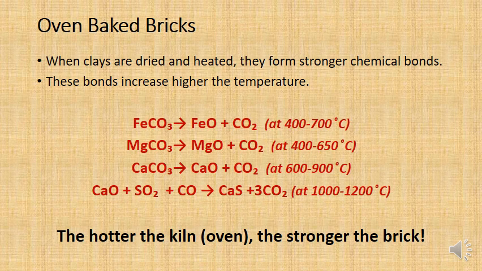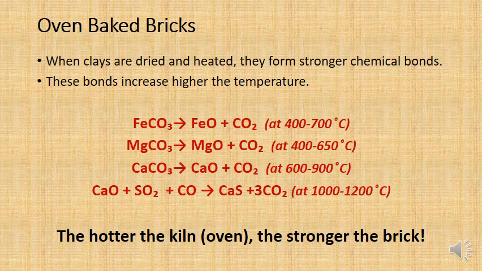So at around 400 to 700 degrees Celsius, you have iron carbonate. That forms iron oxide, and carbon dioxide is blown off. And iron oxide is stronger than iron carbonate. Magnesium carbonate goes to magnesium oxide at around 400 to 650 degrees Celsius, and calcium carbonate goes to calcium oxide at around 700-800 degrees Celsius.